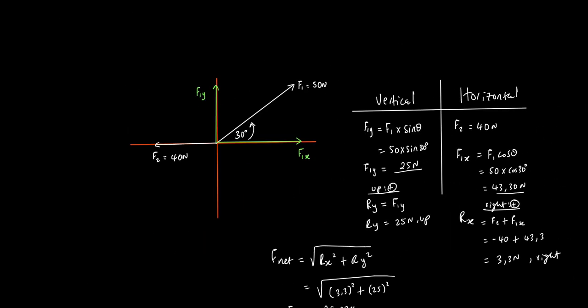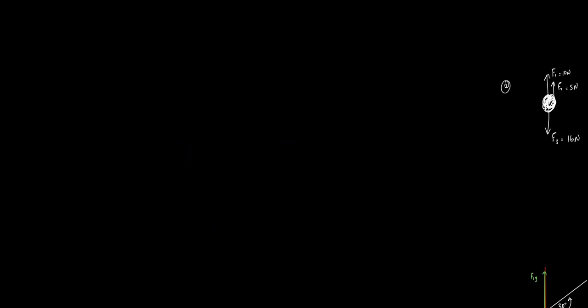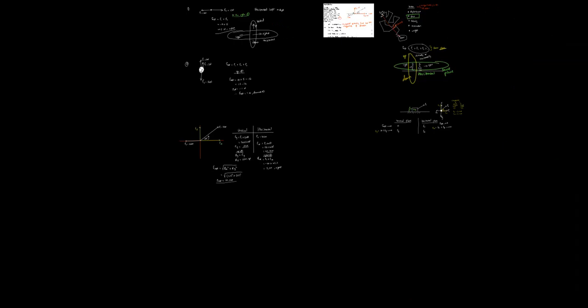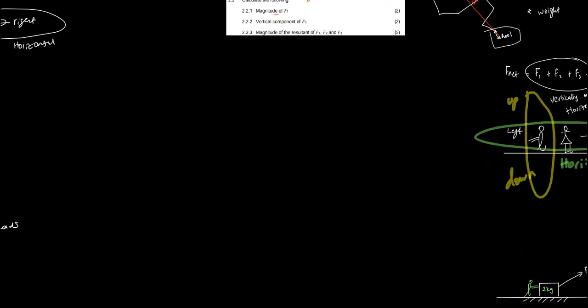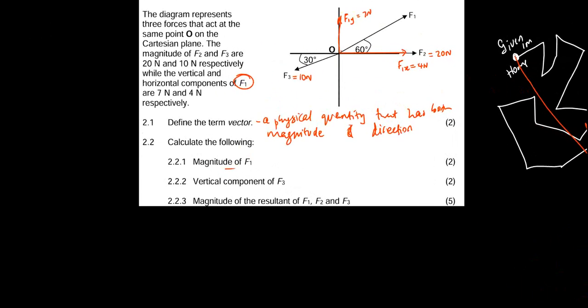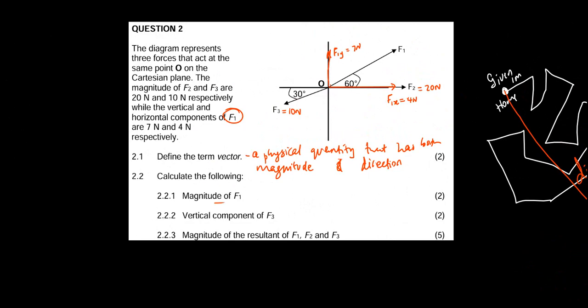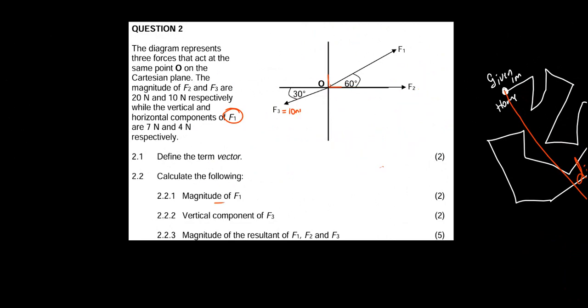All those that you see diagonally, you must resolve them and put them under vertical and horizontal. Then send me your answer for F net. Once you are done, you can send me pictures of what you are doing. All right.